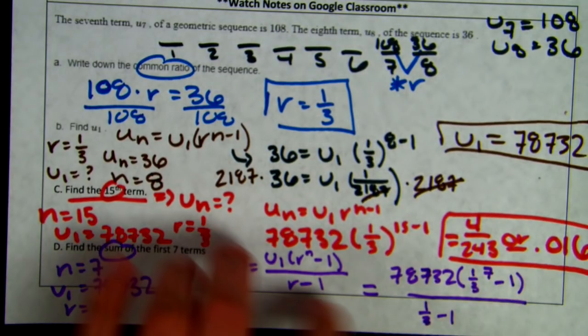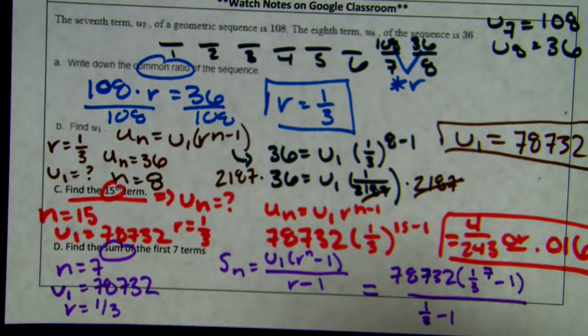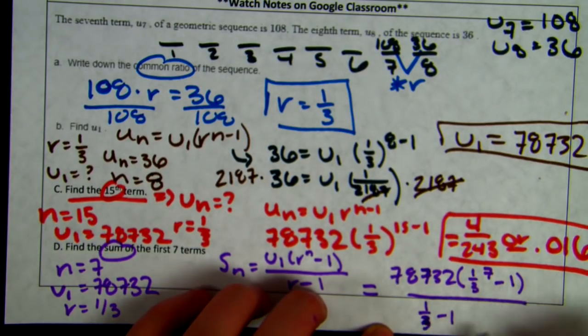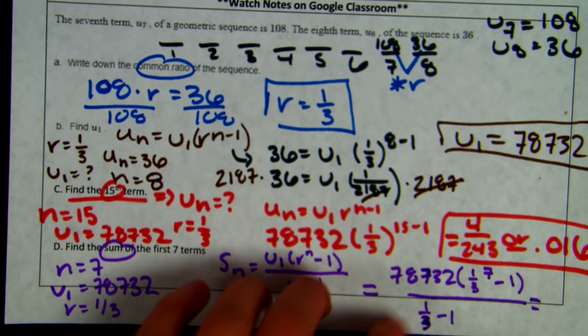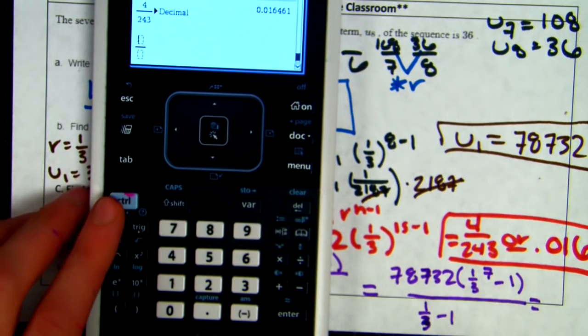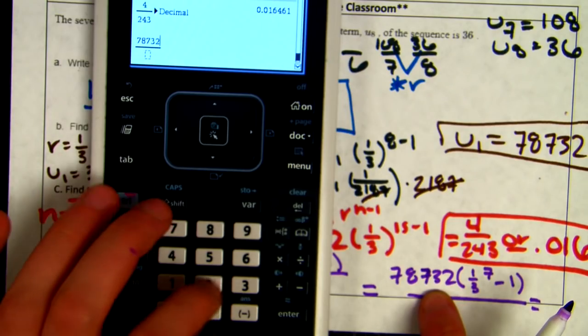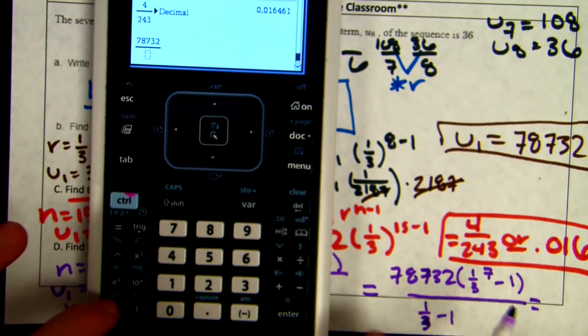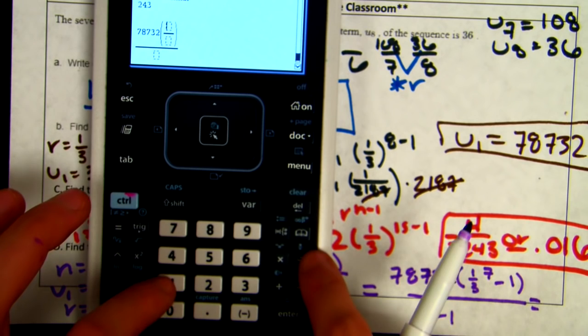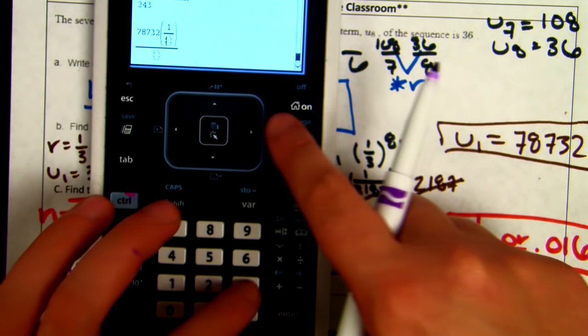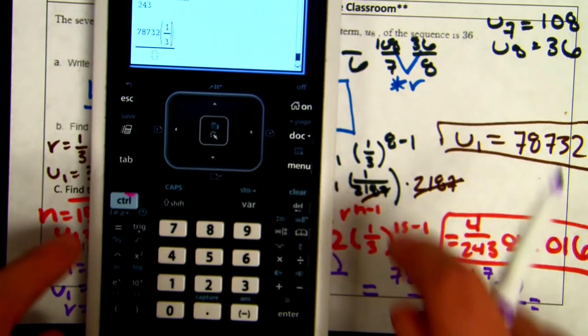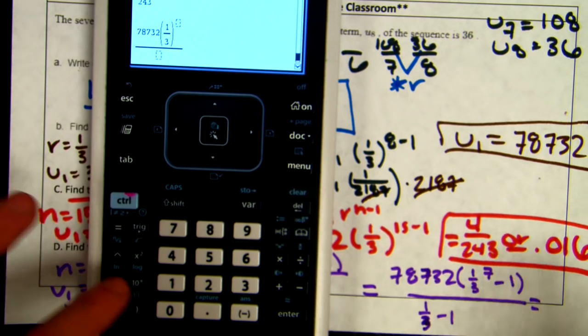So this time my denominator is not going to just be 1. This is going to be a doozy, so I'm going to set up my fraction bar ahead of time. I have 78,732 times, I'm going to set up another fraction bar, 1/3 to the 7th.